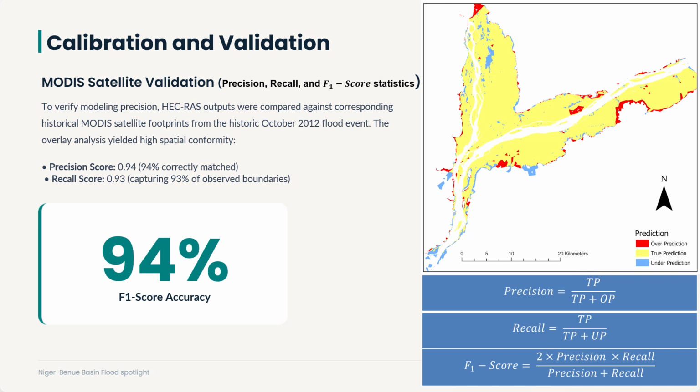The Moody's data shows the historical flood event of 2012, displaying the true extent of the flooding. This extent was extracted from the Moody's data, and the flood inundation model from the HEC-RAS was superimposed on it.